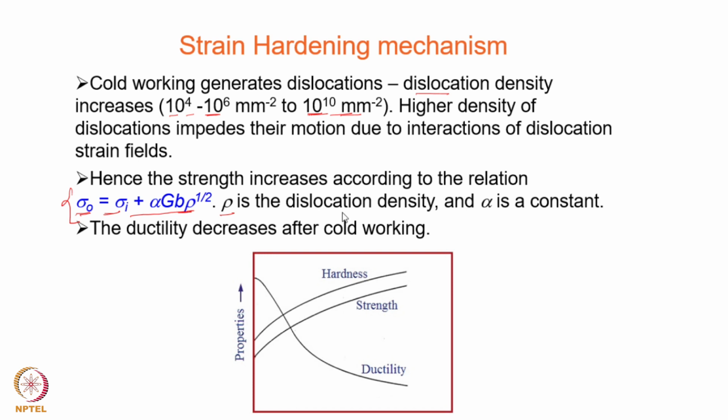Okay, and this is again a plot which shows what happens due to this process as you increase the percent of cold work or the degree of deformation. You can see the strength and hardness increase, but on the other hand, the ductility will decrease. Okay, so this is the effect of cold working on the mechanical properties.